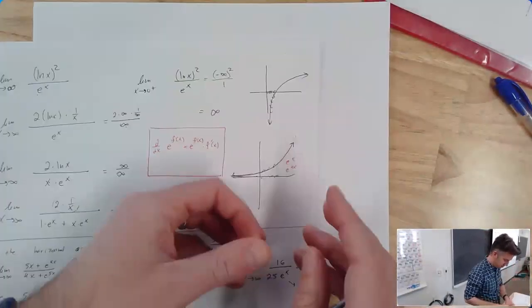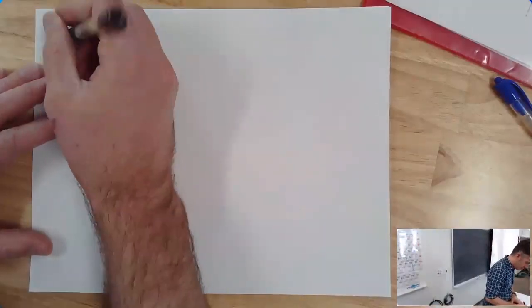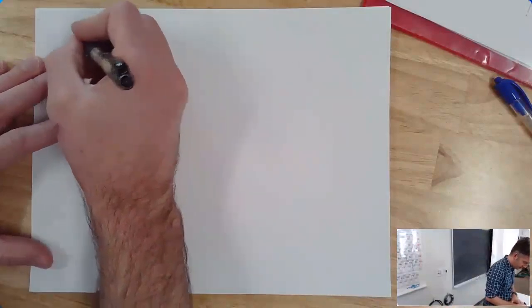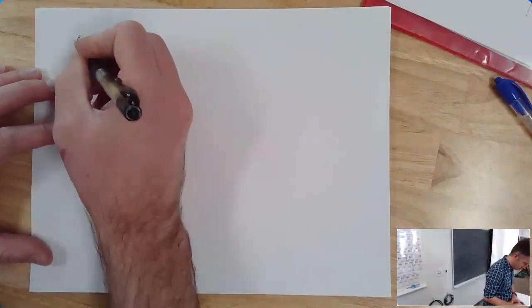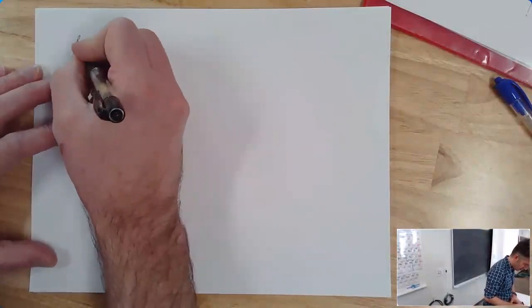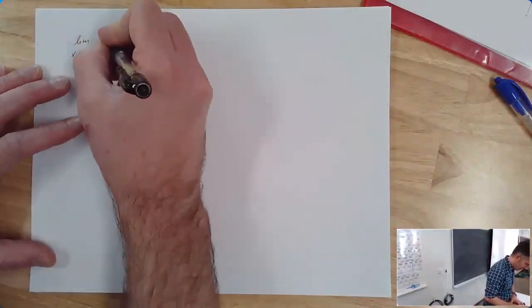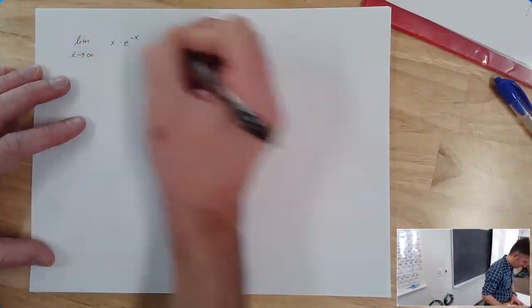Like, for example, I don't love that example. The limit as x goes to infinity of x times e to the negative x.